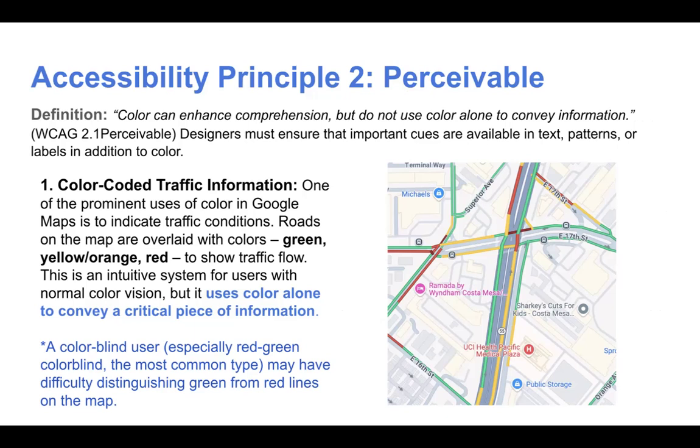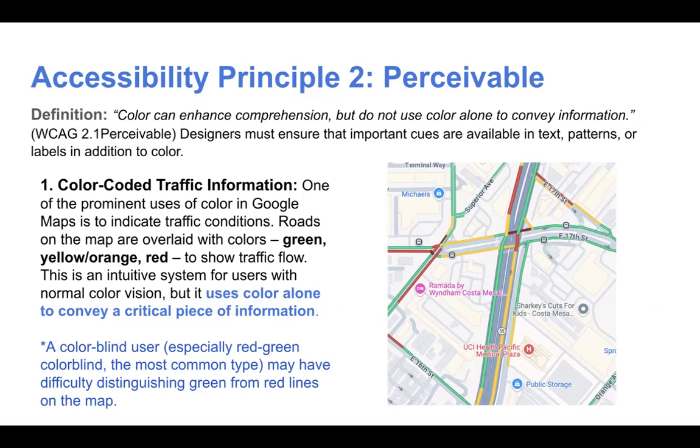Also, designers must ensure that cues are available in addition to color. Also, text or essential visuals should have sufficient contrast against the background to be legible. One of the prominent uses of color in Google Maps is to indicate traffic conditions.